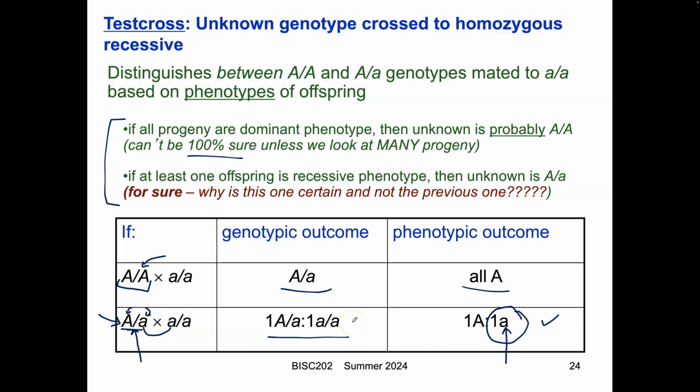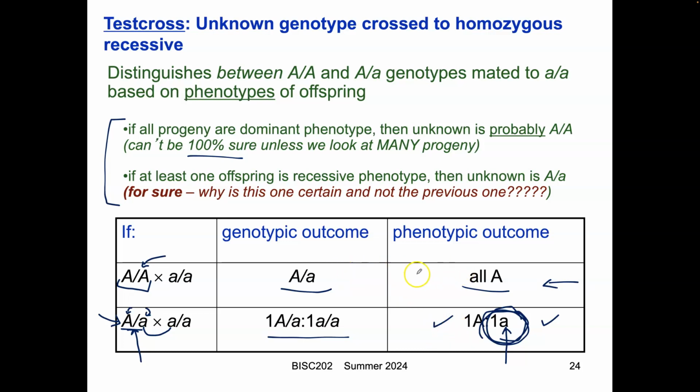We could look at 5 or 6 progeny, and if we see a couple that have the recessive trait, then we can be quite certain of what the genotype of this parent was. Whereas here there's more uncertainty. And the reason is the presence or absence of this recessive trait. Not seeing the recessive trait doesn't mean it's not there, whereas seeing it means it is there, right?